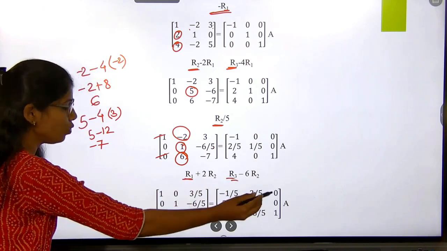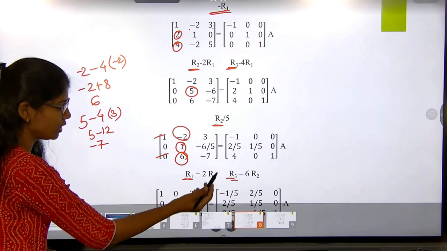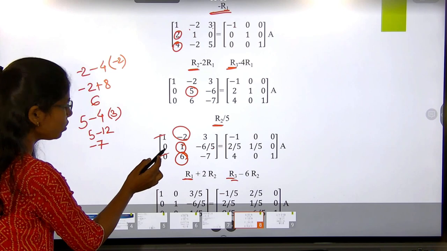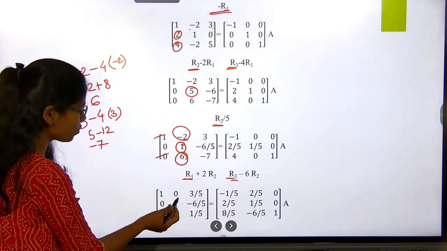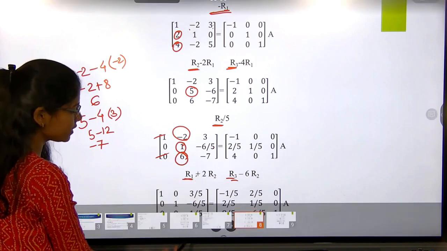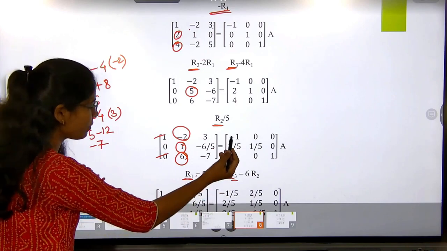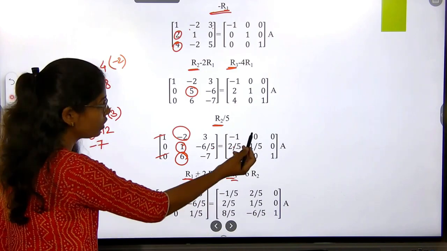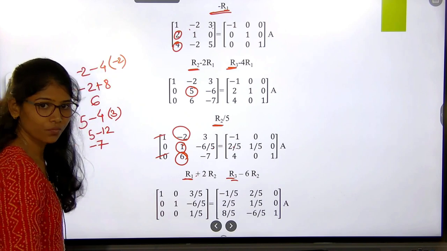Write down R2 as it is and change R1 and R3 using these operations. We get 1 plus 0 into 2, so it is 1. 2 minus 2 plus 2, so it is 0. 3 plus 2 into minus 6 upon 5, so it is 3 upon 5. Same, minus 1 plus 2 into 2 upon 5, so it is minus 1 upon 5. 0 plus 2 upon 5, 0 plus 0 is 0.